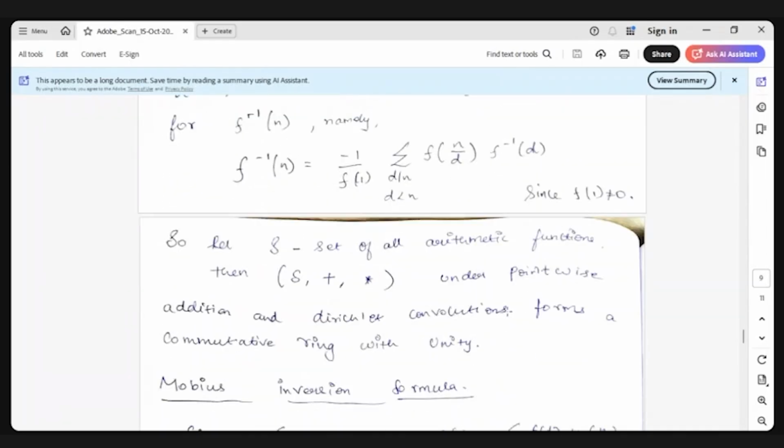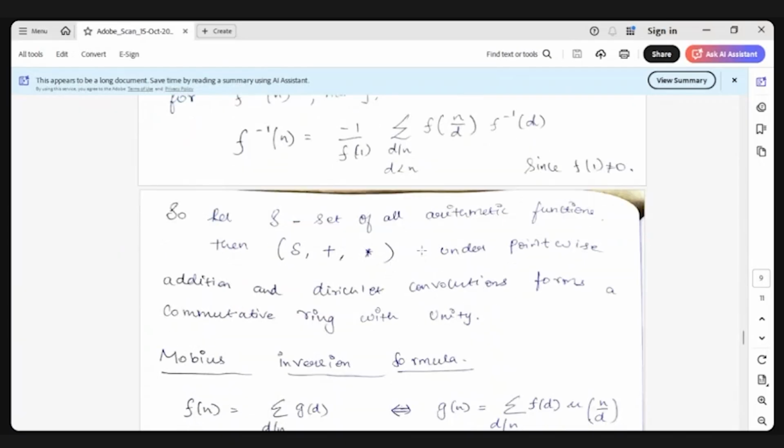Now let's consider the set S, the set of all arithmetic functions. Then S with these two binary operations, pointwise addition and Dirichlet convolution, forms a commutative ring with unity.